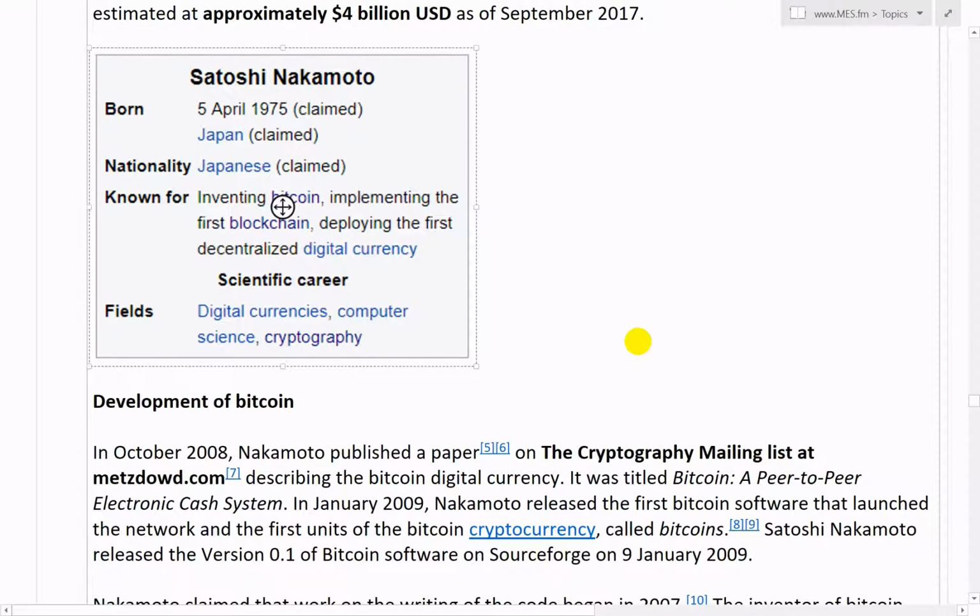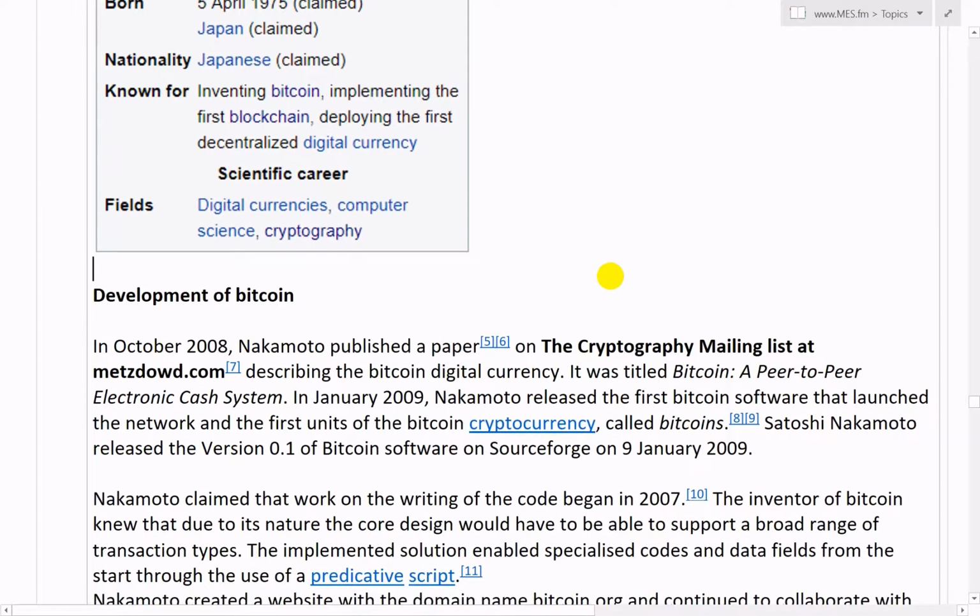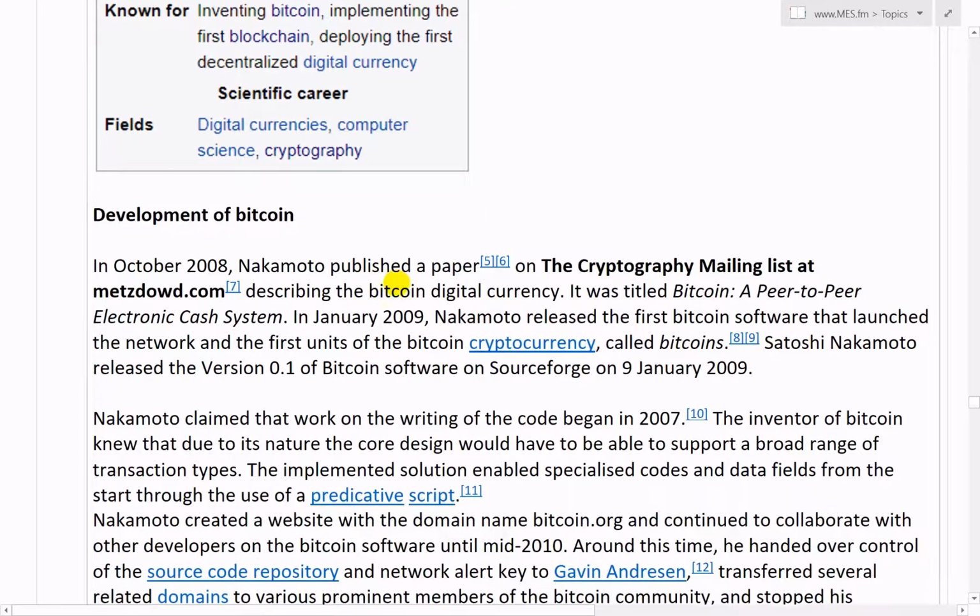So Satoshi Nakamoto: born, claimed, April 5th, 1975, Japan; nationality Japanese; inventing Bitcoin, implementing the first blockchain, deploying the first decentralized digital currency; fields: computer science, cryptography.